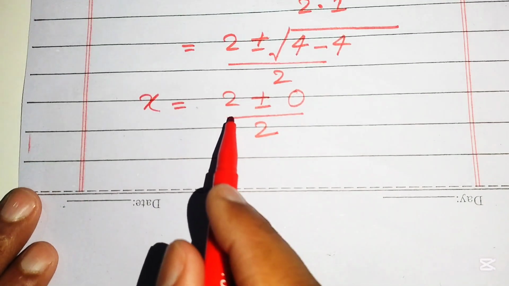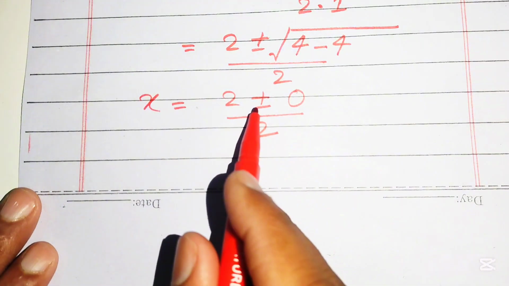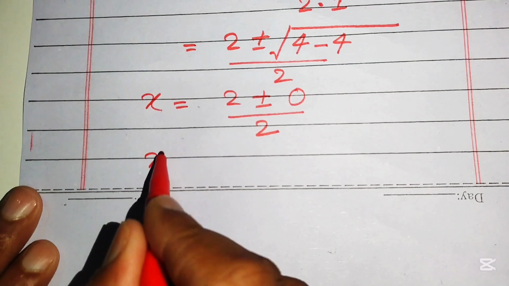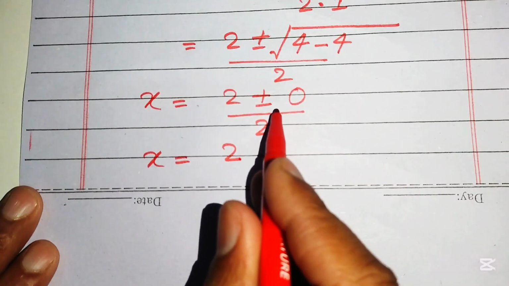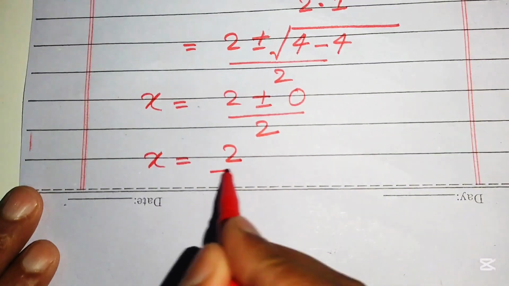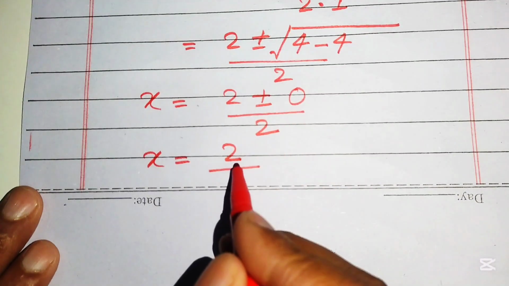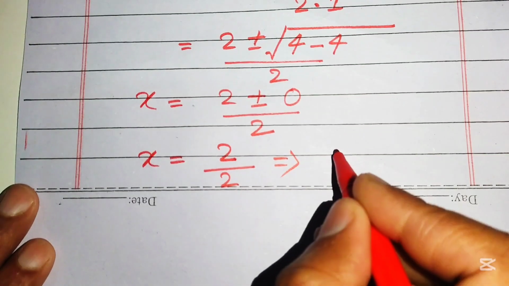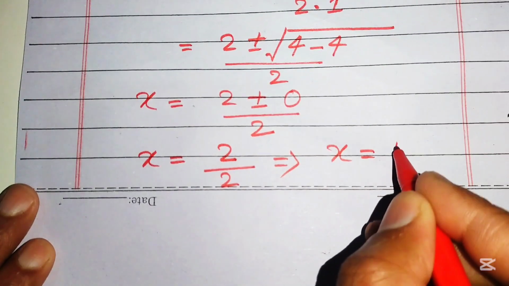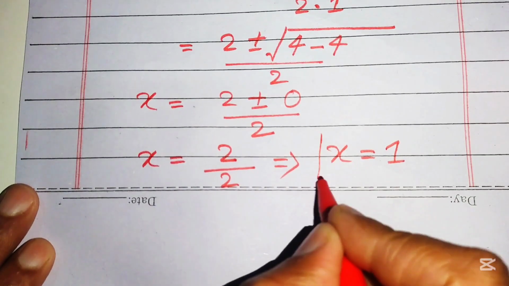So 2 plus 0 is 2, and 2 minus 0 is again 2. So 2 divided by 2 implies that the value of x equals 1.